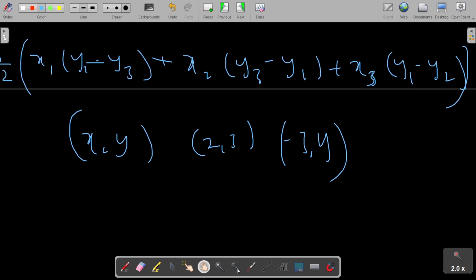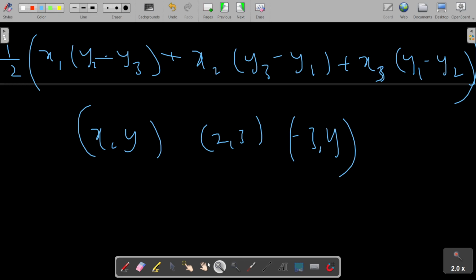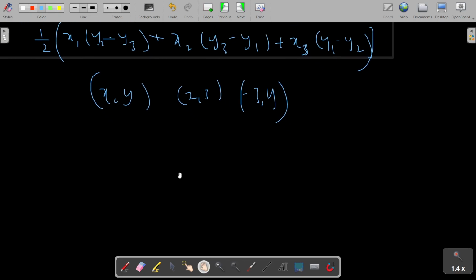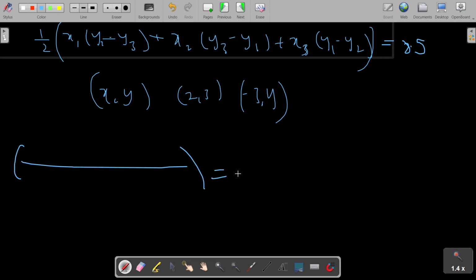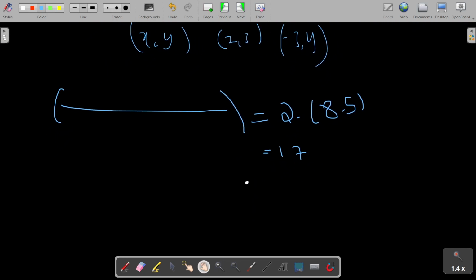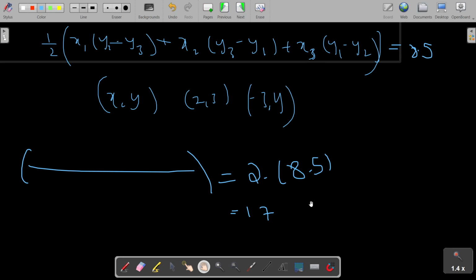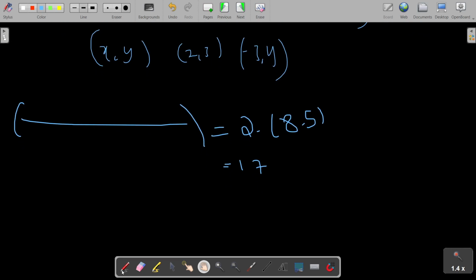Let's substitute this right here. This expression is 8.5 as given. If I multiply both sides by 2, I get this term on the left, and 2 into 8.5 on the right, which is 17.